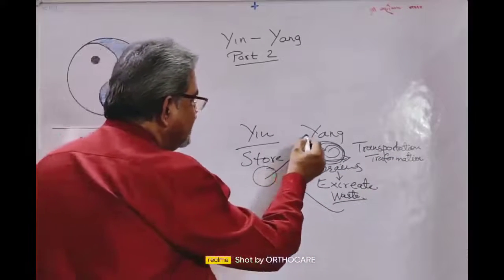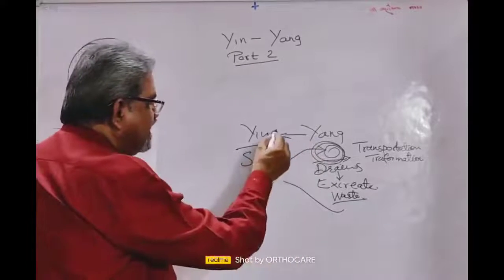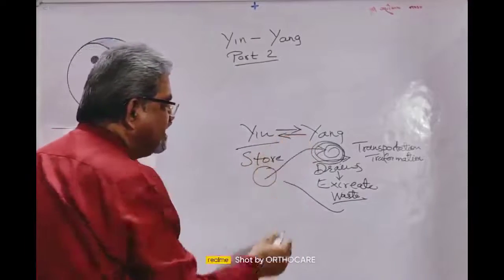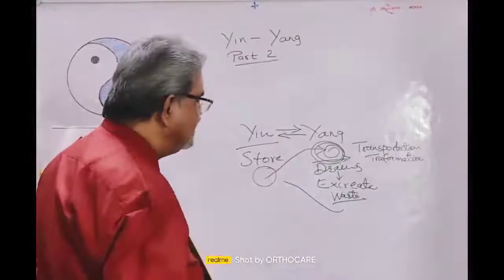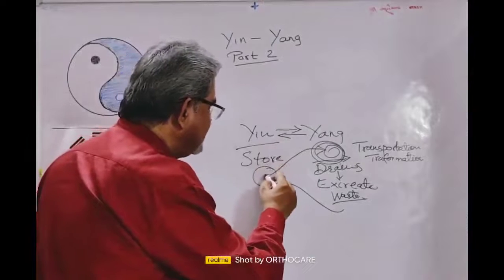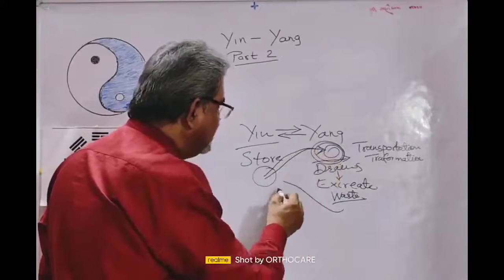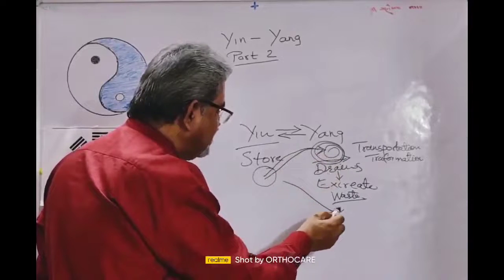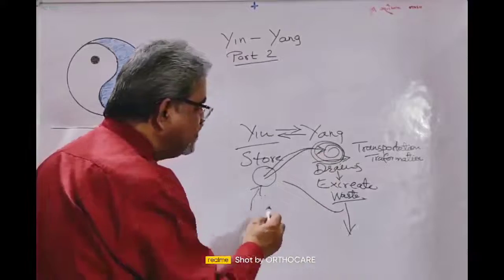plus yin is also connected with yang and yang is also connected with yin. So when yin is connected with yang, because of this connection, it is possible for energy to go from here to here, and from here outside, and again store a new energy.